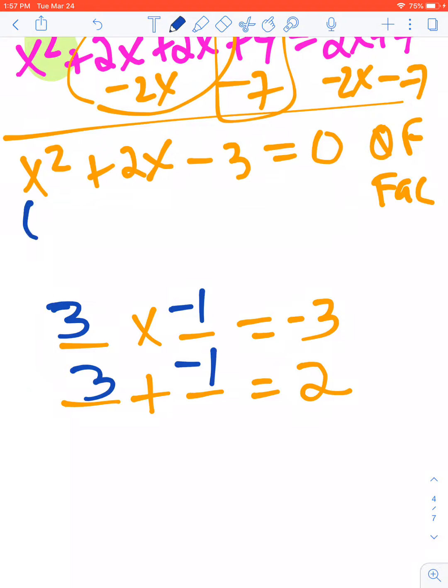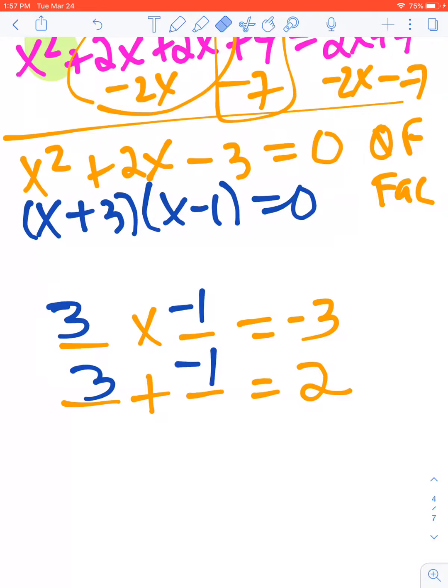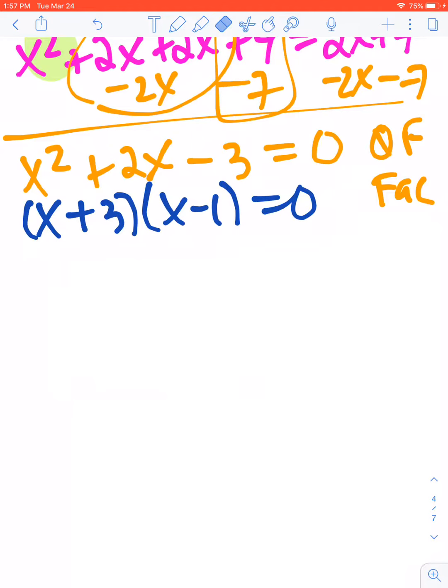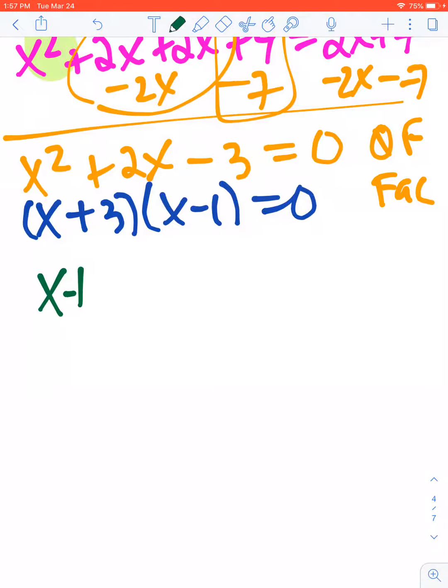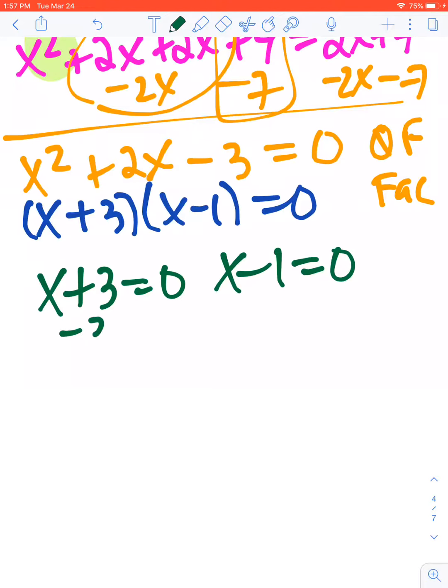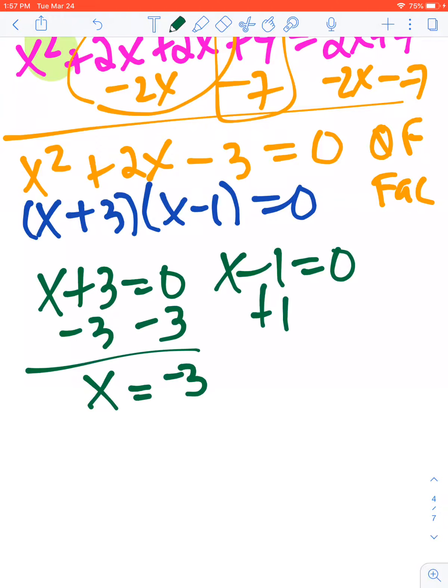If you need to AC it, please do so. Next, I'm going to use the zero product property. And I'm going to solve. And so I get possible answers of -3 and 1.